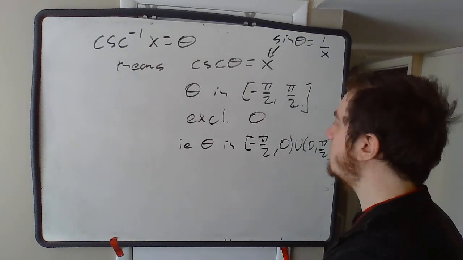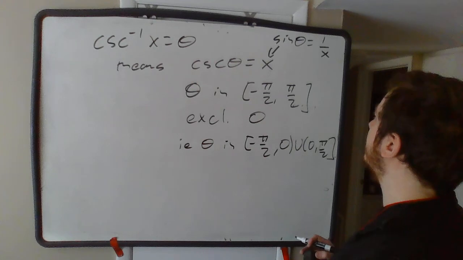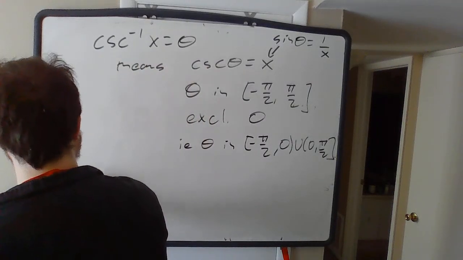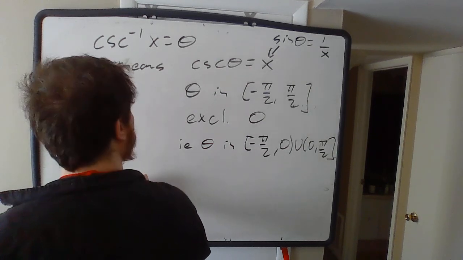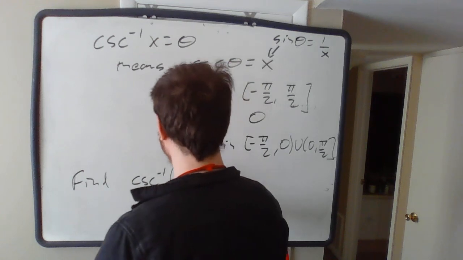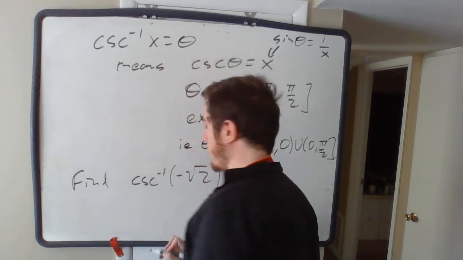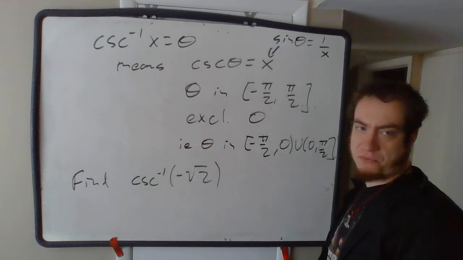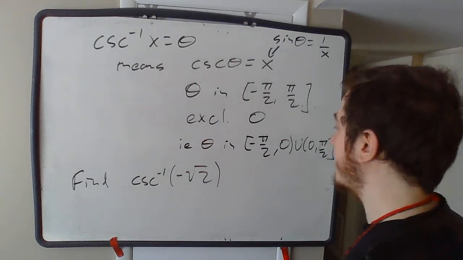Well, suppose we want to find the cosecant inverse of negative square root 2. We could potentially try to find this by looking at tables and things like that.